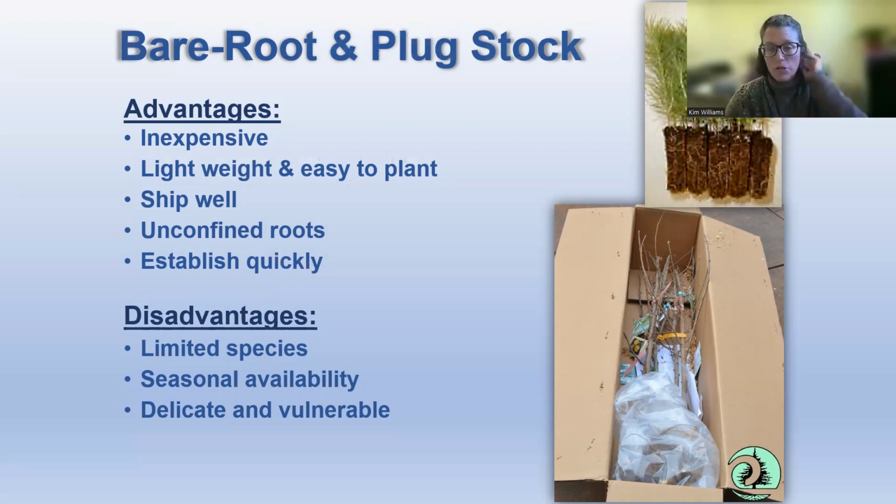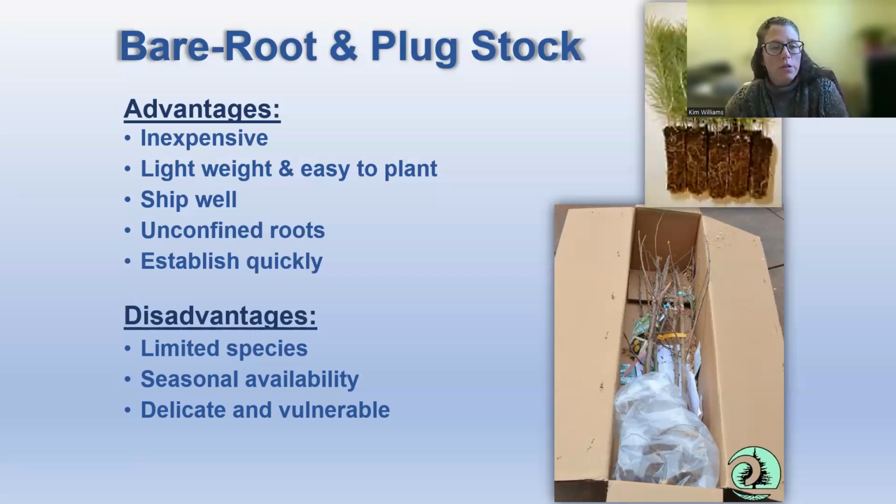There are advantages and disadvantages to both. The advantages to both of these is that they are usually a little bit more inexpensive than buying plants in the gallon pot. And they're lightweight, they're easy to plant, easy to package, and easy to carry.